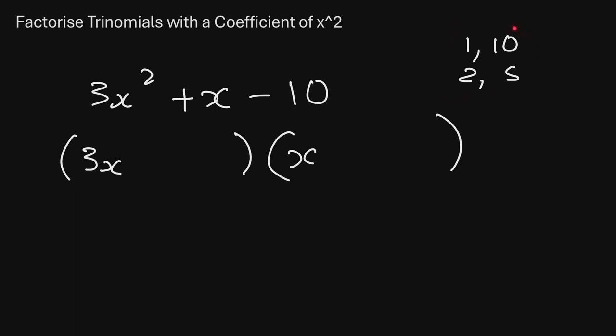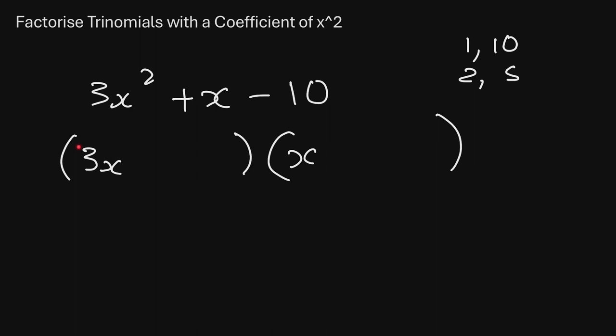So now we're going to say, because we have the coefficient of x², that means one factor must multiply with this coefficient of x², in a way that when we subtract our factors, we are going to get the middle term, which is 1. So now which factor here must multiply with 3 so that when we minus the factors, we get 1?